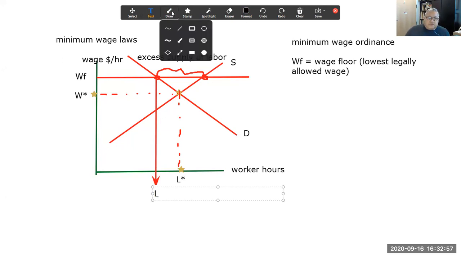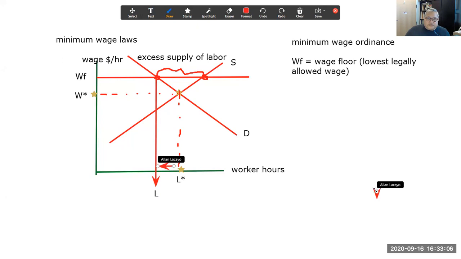And so you end up with less work hours than you would expect to see in equilibrium. So you create unemployment, and you create unemployment among the lowest wage sectors.